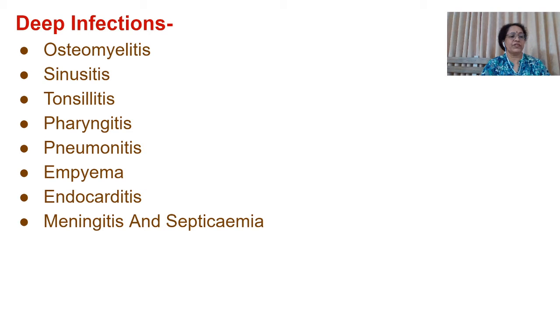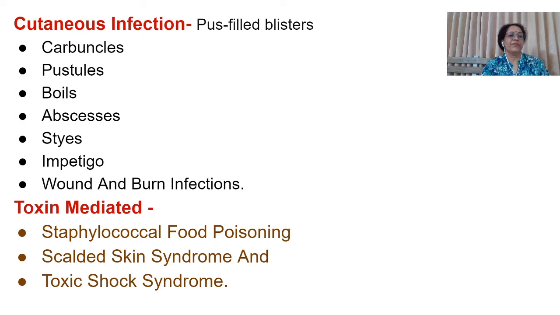Then inflammation of the endocardium, meningitis, as well as septicemia when the blood and other body tissues are involved. So in this way, osteomyelitis, sinusitis, tonsillitis, pharyngitis, pneumonitis, empyema, endocarditis, as well as meningitis and septicemia are examples of deep infections by Staphylococcus aureus.